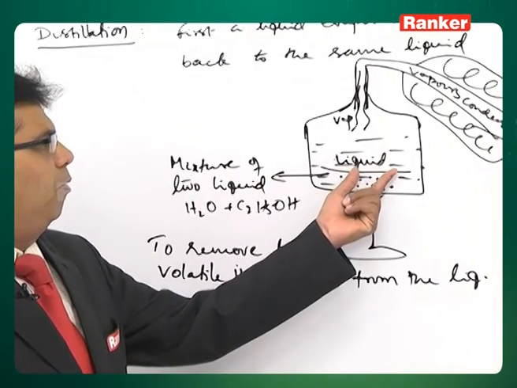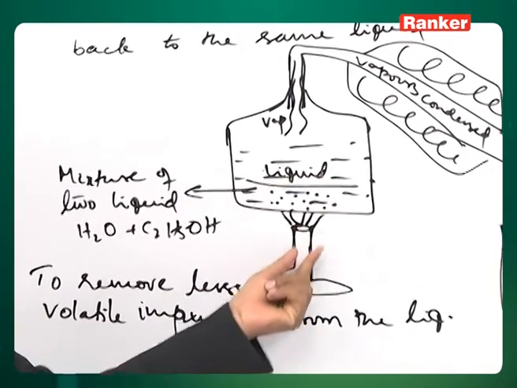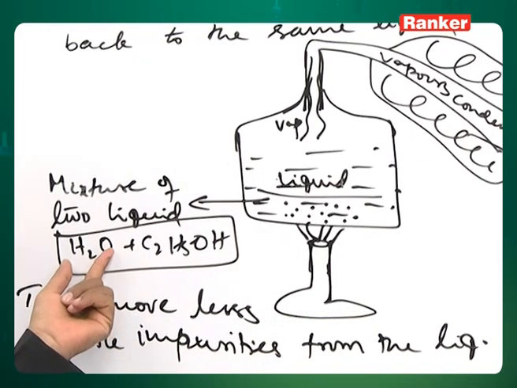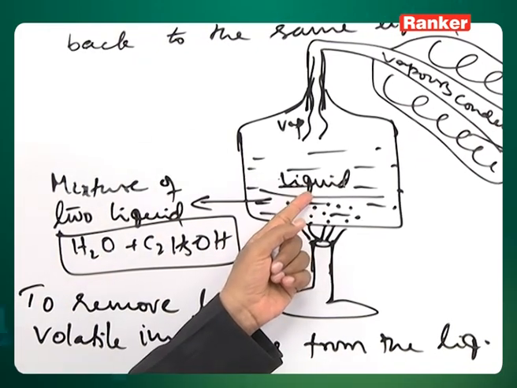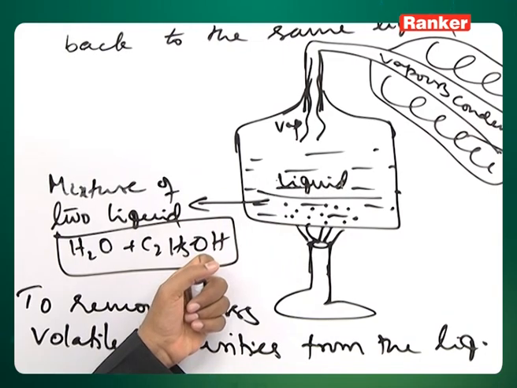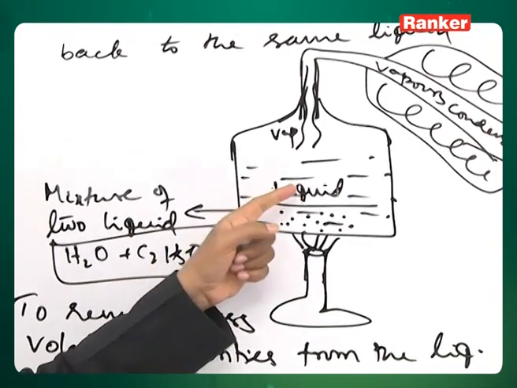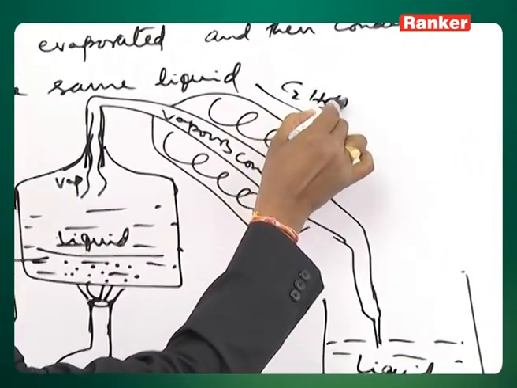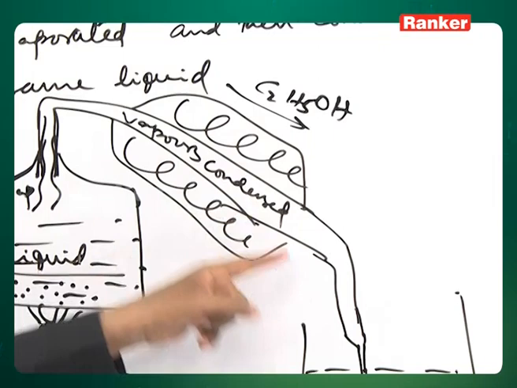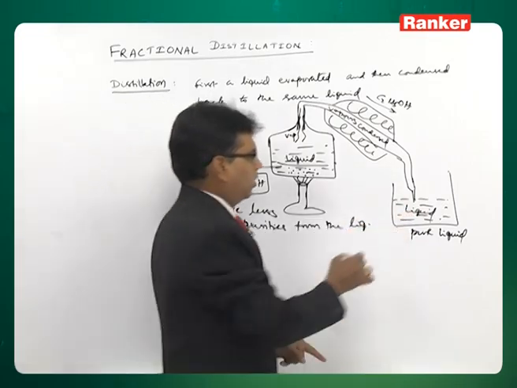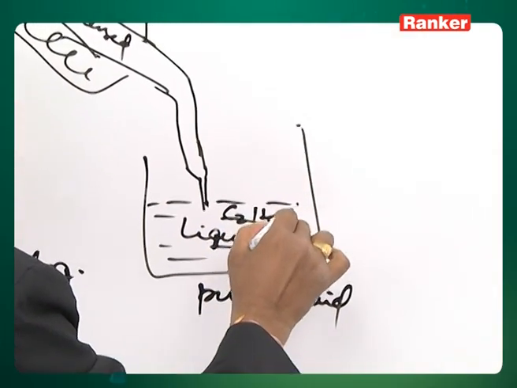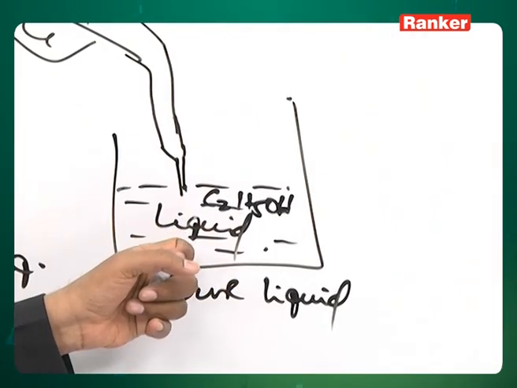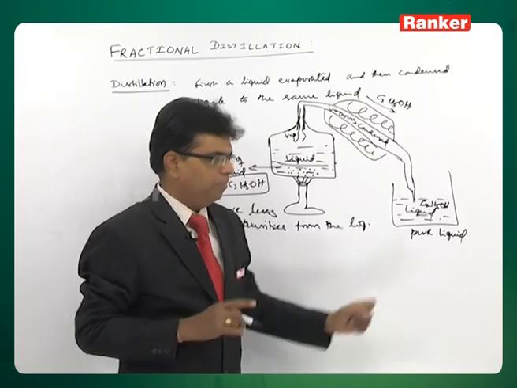So when you start heating a mixture of ethyl alcohol and water, the high boiling water will remain over here, and the ethyl alcohol, which has a lower boiling point, will evaporate first. Here you will get ethyl alcohol vapors first. When you condense those vapors, I do not say pure, but definitely the composition of ethyl alcohol over here is increased.